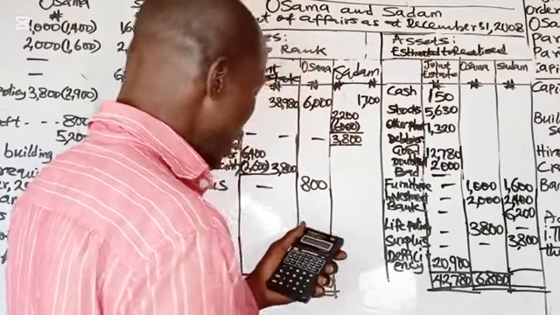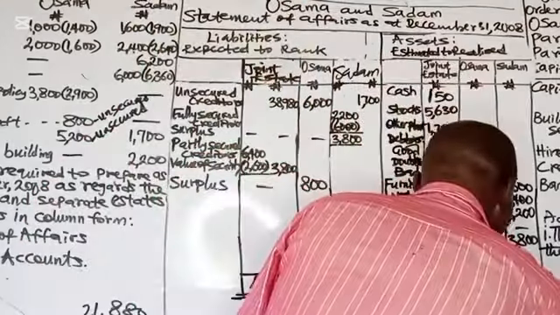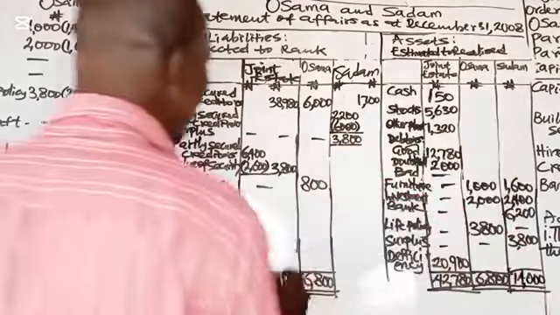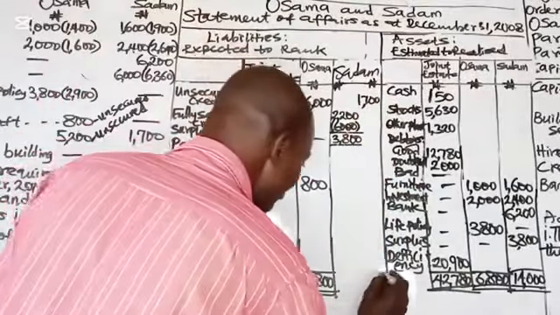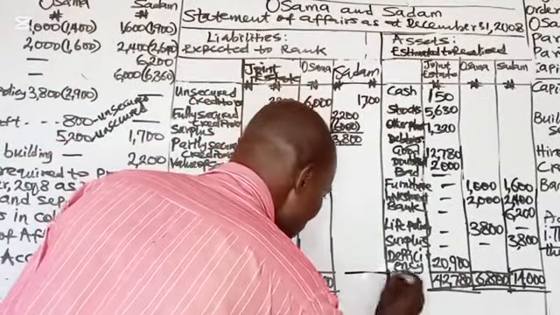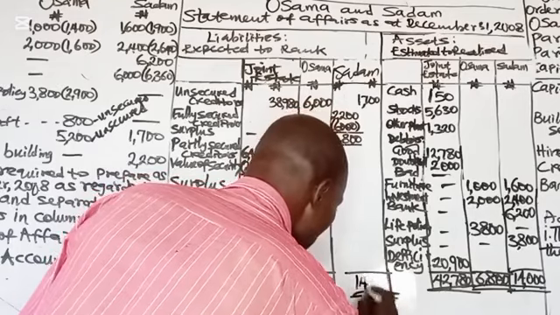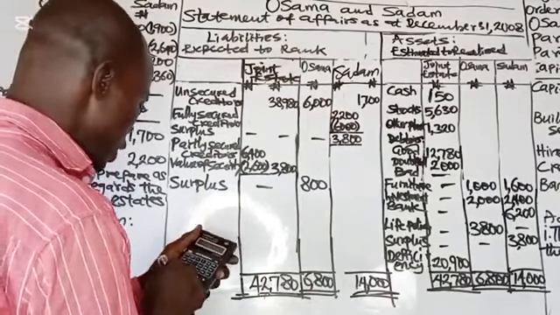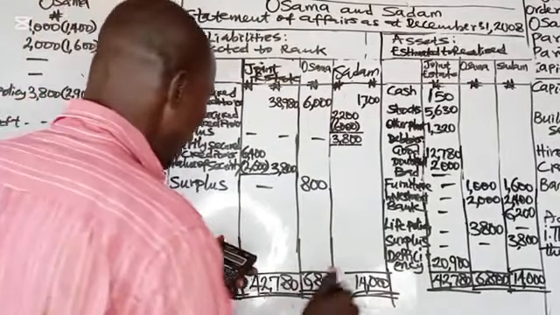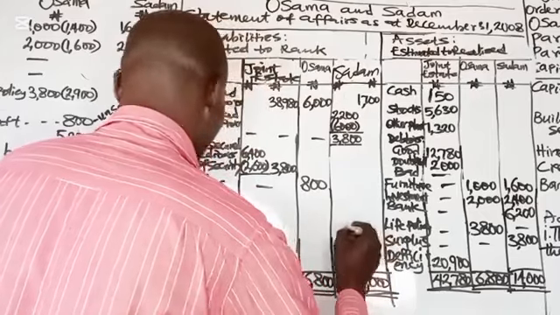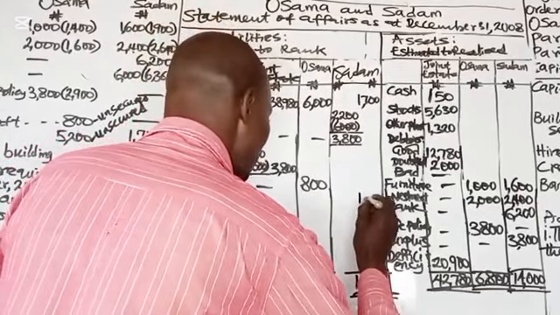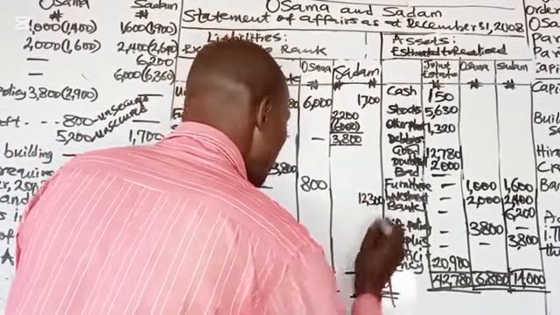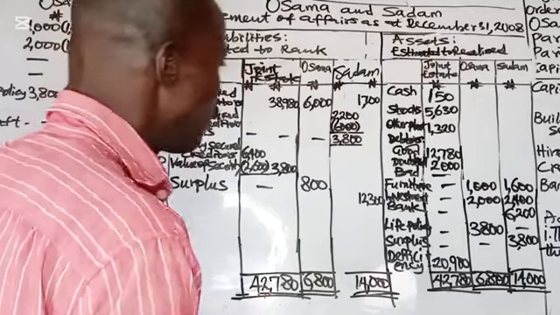The asset totals 14,000. If you subtract 1,700 from the 14,000, you have 12,300. That is the surplus. That is the statement of affairs.